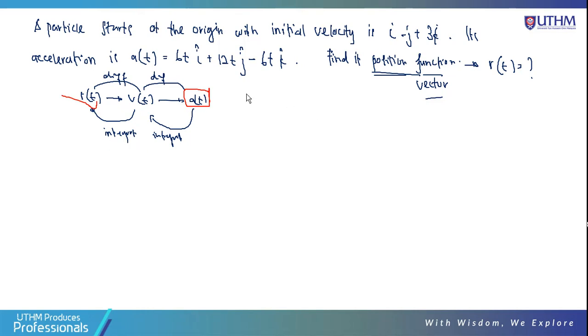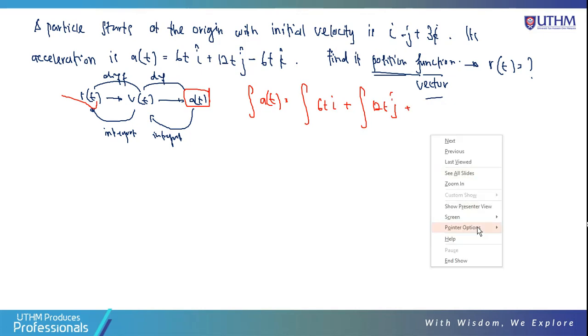So integrate a(t), equal to integrate 60i plus 12tj minus 60k. You can split it to make it easy, split all the integration.